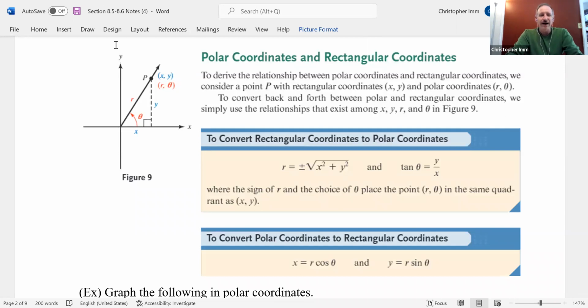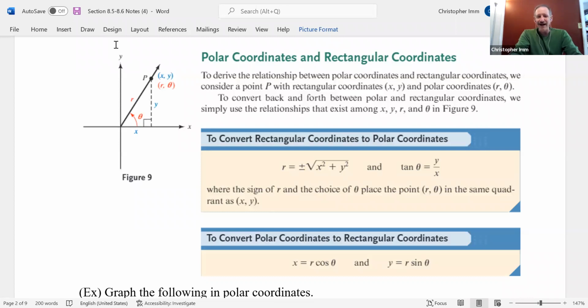So if you have a coordinate in rectangular or Cartesian coordinates, x, y, you can change it into r, theta coordinates in polar coordinates by looking at the Pythagorean theorem. r is equal to plus or minus the square root of x squared plus y squared. And you can use tangent of theta is equal to y over x. And you just might need to move that theta into a different quadrant, find that reference angle.